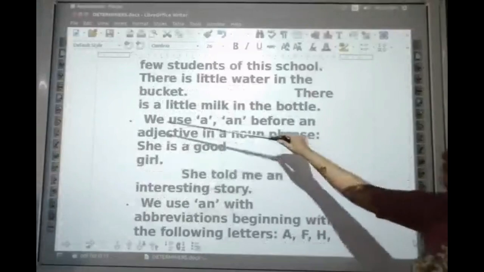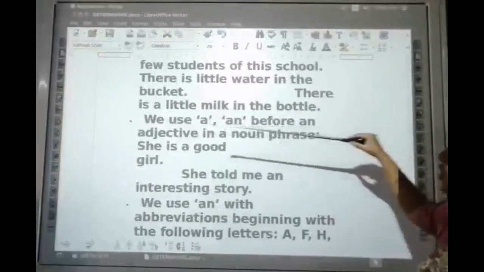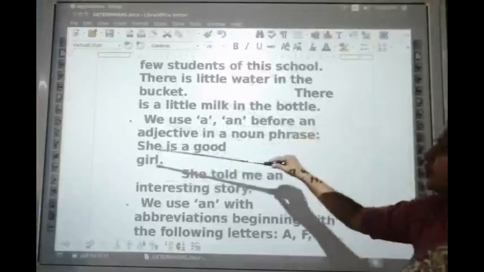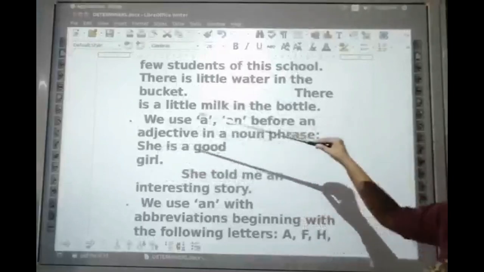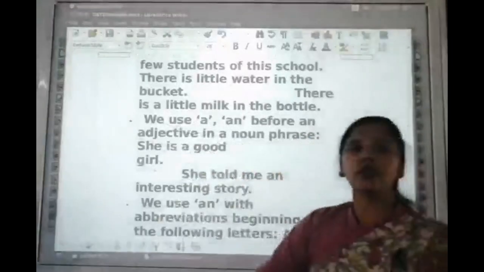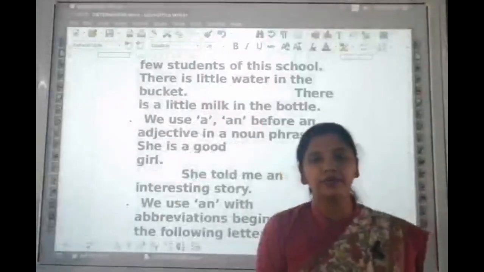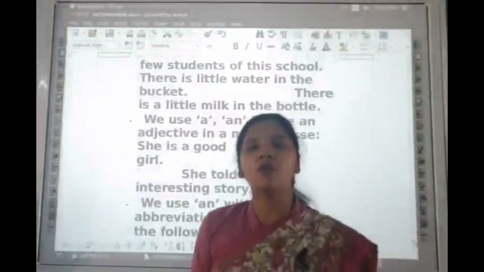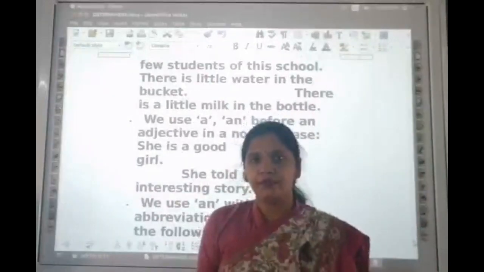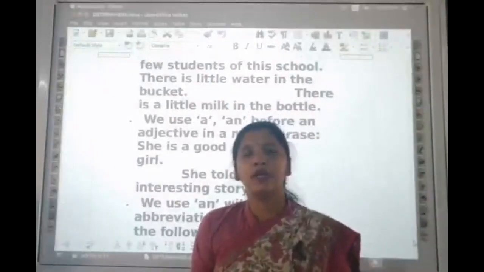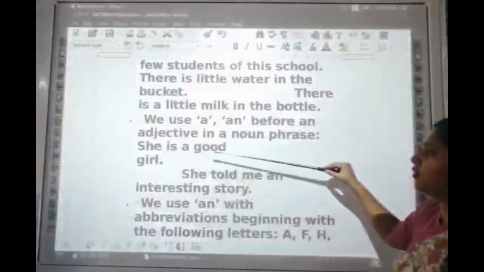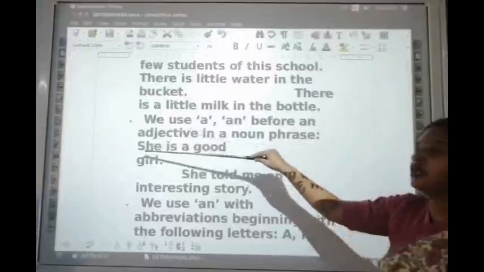Now see, we use A or AN before an adjective in a noun phrase. She is a good girl. Do you know what is the meaning of adjective? The word that describes a noun or pronoun is called an adjective. Good is representing the girl.